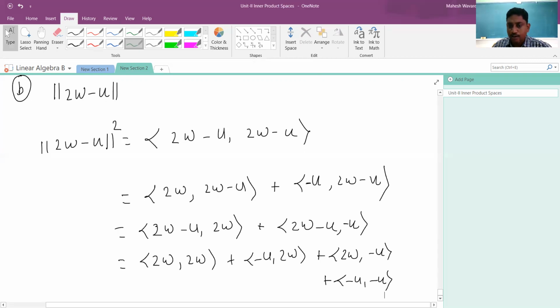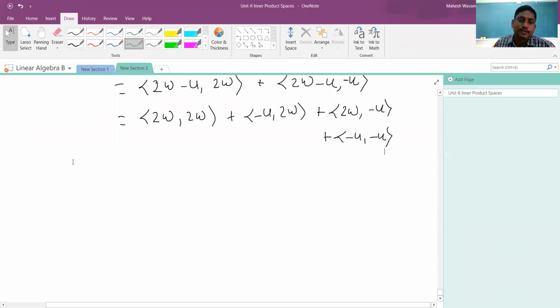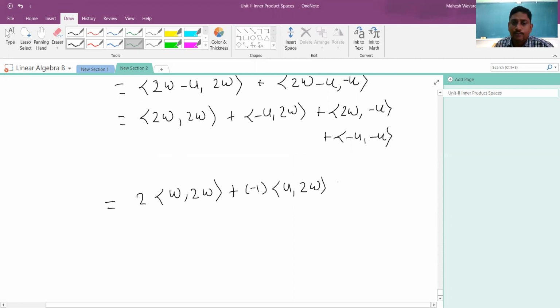Since your vector space is a real vector space, 2 into 2, 4. Okay, 2w comma 2w plus, now here minus 1 is taken out, u comma 2w plus 2 is taken out, w comma minus u, and minus plus minus 1 is taken out, u comma minus u.